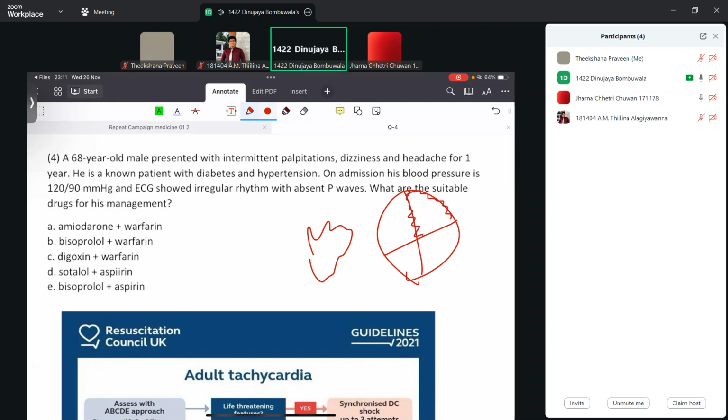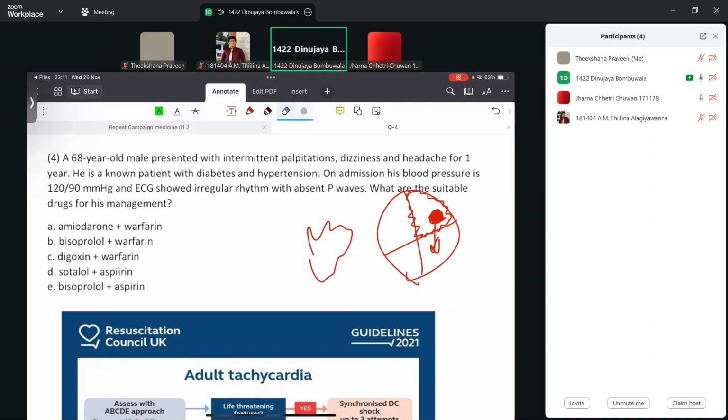There will be stagnation of blood within the atria and clot formation. If we get this patient into sinus rhythm at once, these clots can go into the ventricles and the systemic circulation and cause strokes, renal infarcts, MIs and all sorts of infarcts.